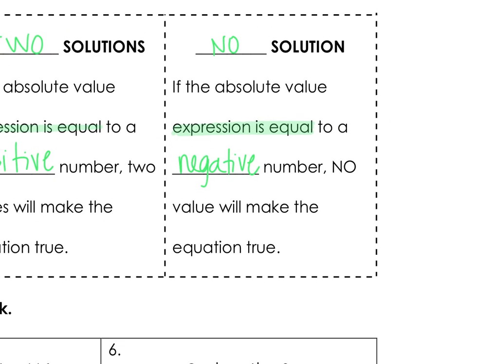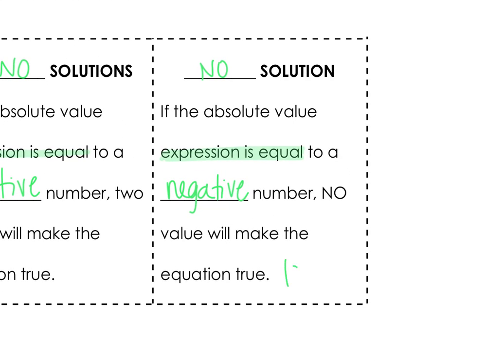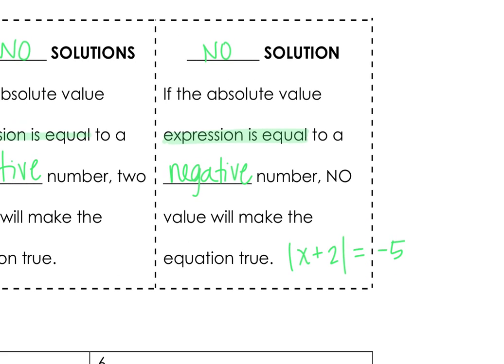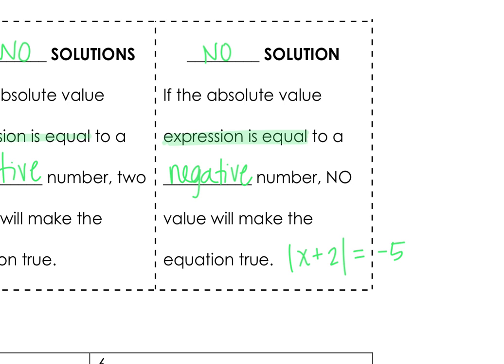Meaning, if you get to this point and you have x plus 2 is equal to a negative 5, this is going to be an example of no solution because at the beginning of the notes, remember we talked about absolute value as distance, and distance is always positive. So there's no way that this absolute value is ever going to be equal to a negative. So if you isolate this absolute value and it's equal to a negative value, you get to stop and just say no solution.